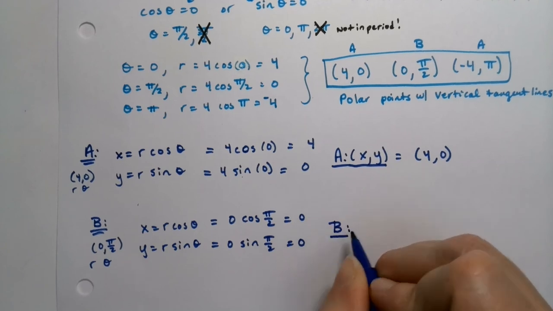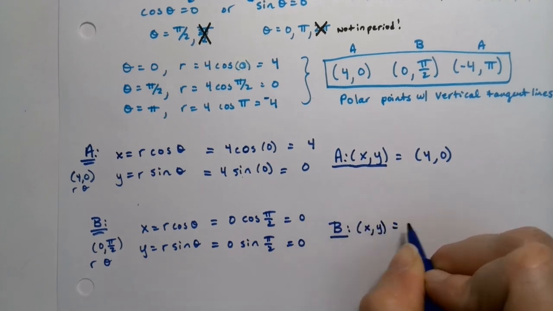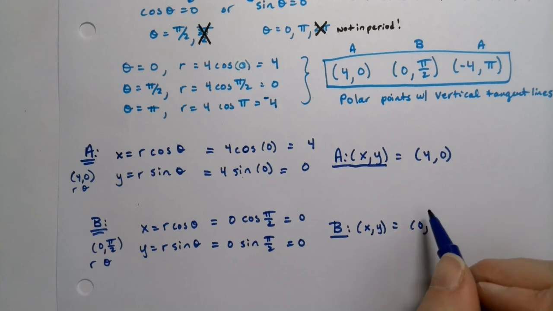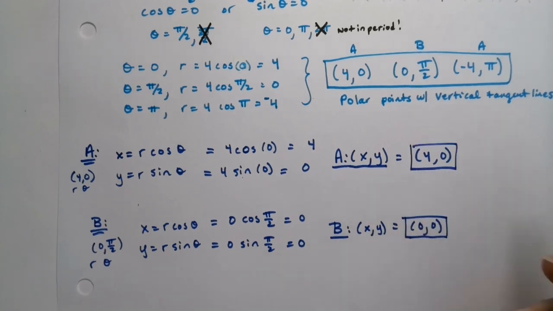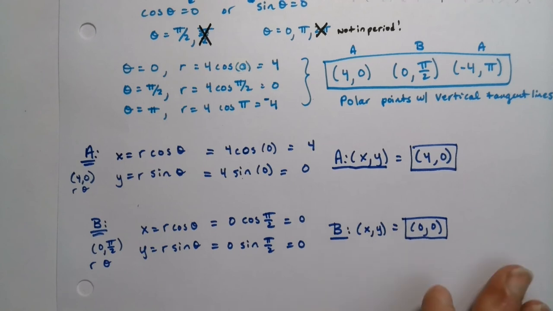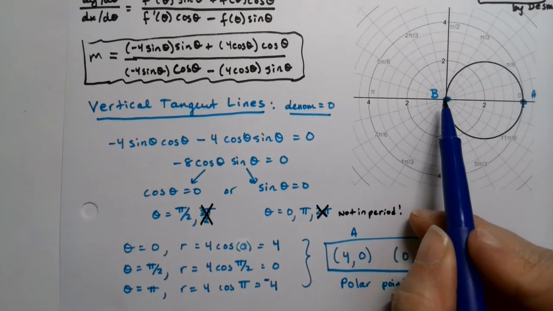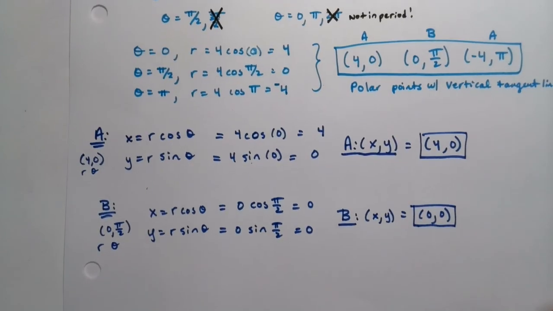So point B for x and y is 0, 0. Well, no, duh, it is, right? So here's the xy for point A, here's the xy for point B. Look at it. Isn't that the origin? Isn't that the pole? Sure it is. So that worked out. No problem.